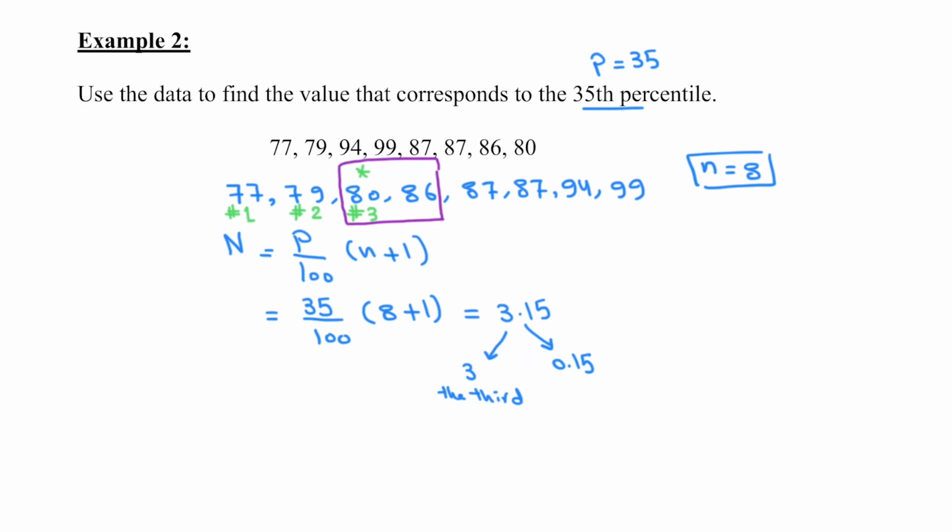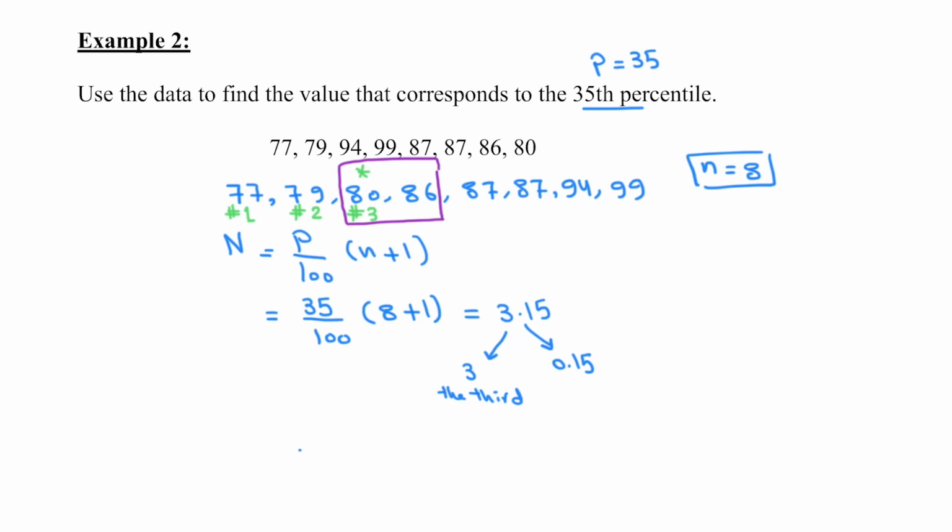Now we need to deal with the decimal part, which is 0.15. So to locate the exact corresponding value that we are looking for, we need to apply the following calculation. We found that 80 is the third value.